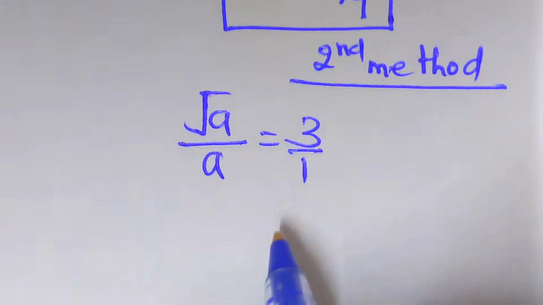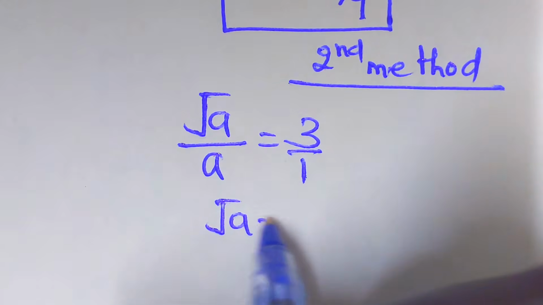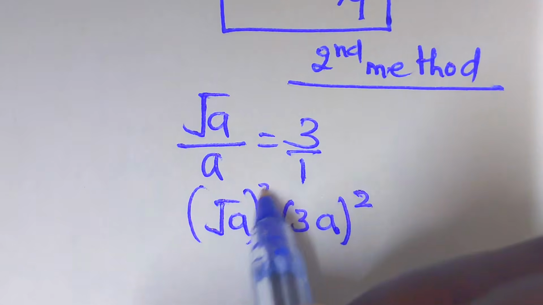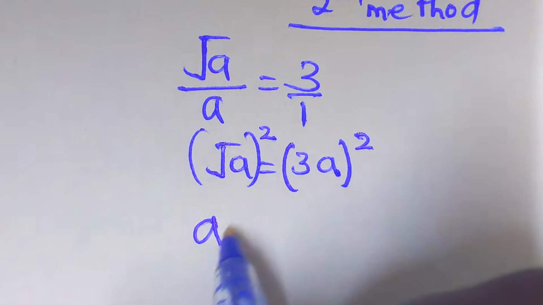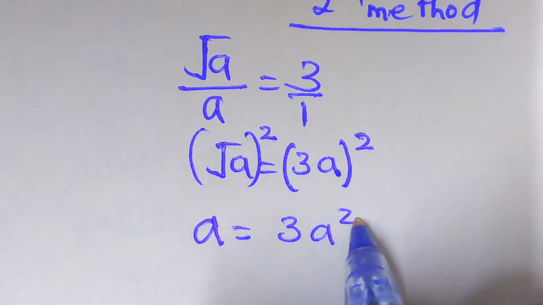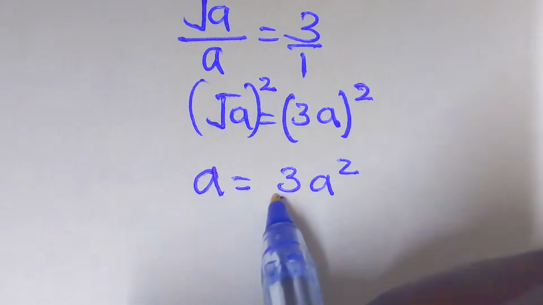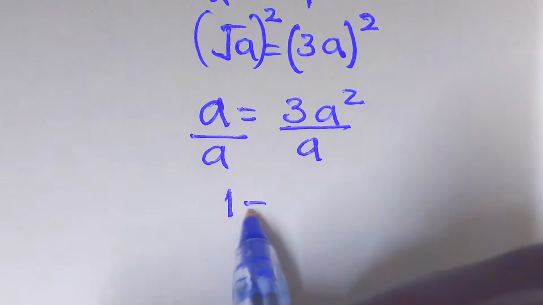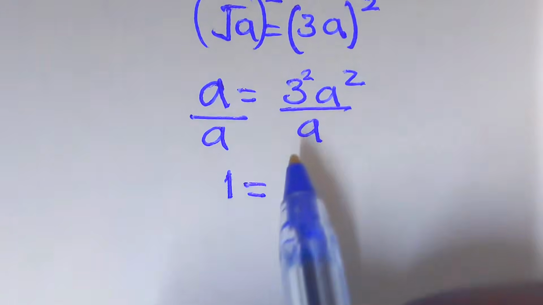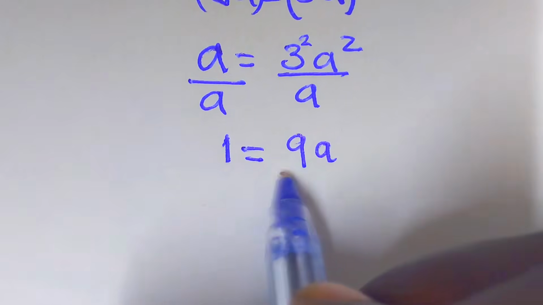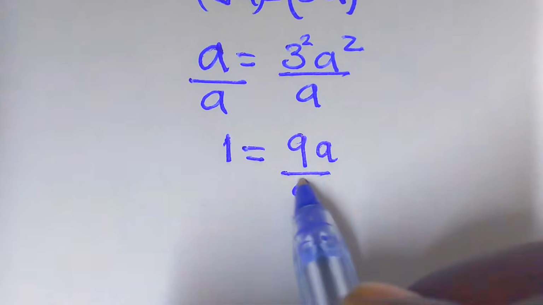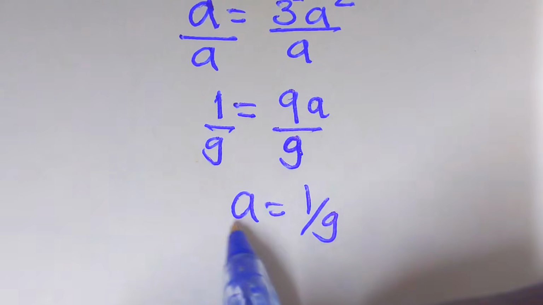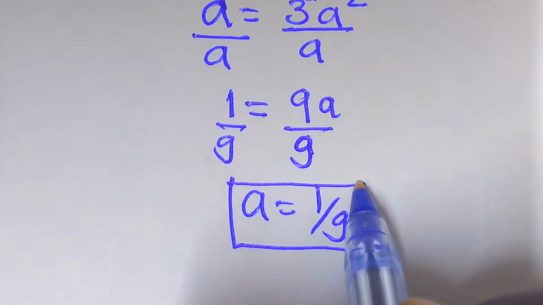The first thing here is cross multiplication: the square root of a equals 3a. Then we square both sides to get a equals 3a squared, which is 9a squared. Then we divide by a on both sides, and divide by 9 on both sides, to get a equals 1 over 9. I think this is the simplest and fastest way.